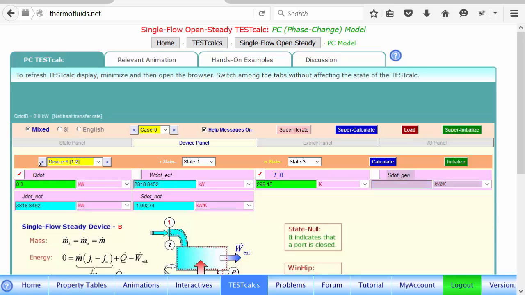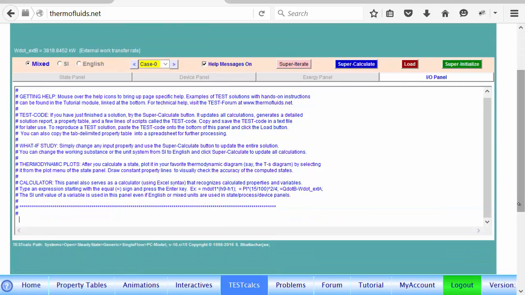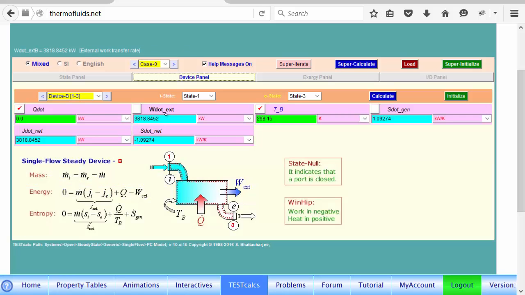Notice for device A it was 4328, and for device B it is 3818. If you want to find the efficiency in the I/O panel using the calculator, we start with an equal sign to evaluate any expression: efficiency equals 3818, our actual output, divided by the ideal output, 4328.